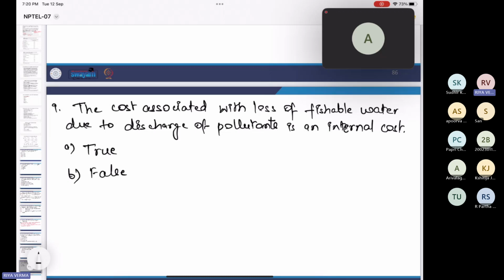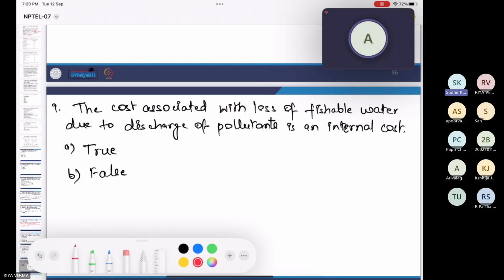Is it true or false? False, ma'am. False.